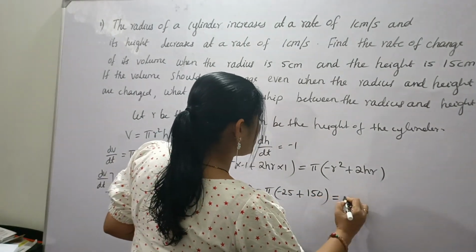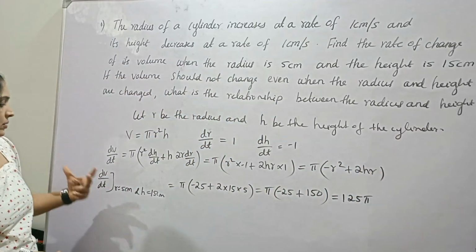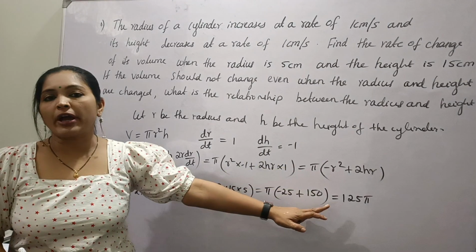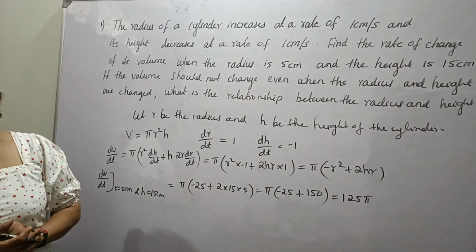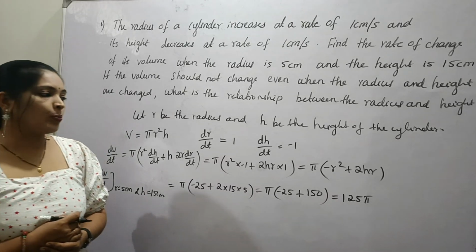That is pi into -25 plus 150, which is equal to 125 pi. So the rate of change of volume with respect to time is 125 pi centimeter cube per second, centimeter cube since it is volume.